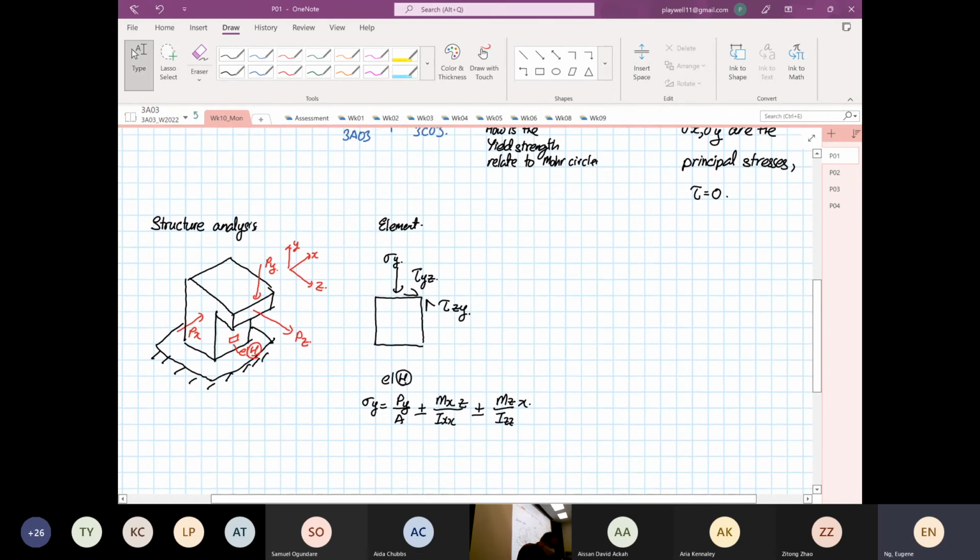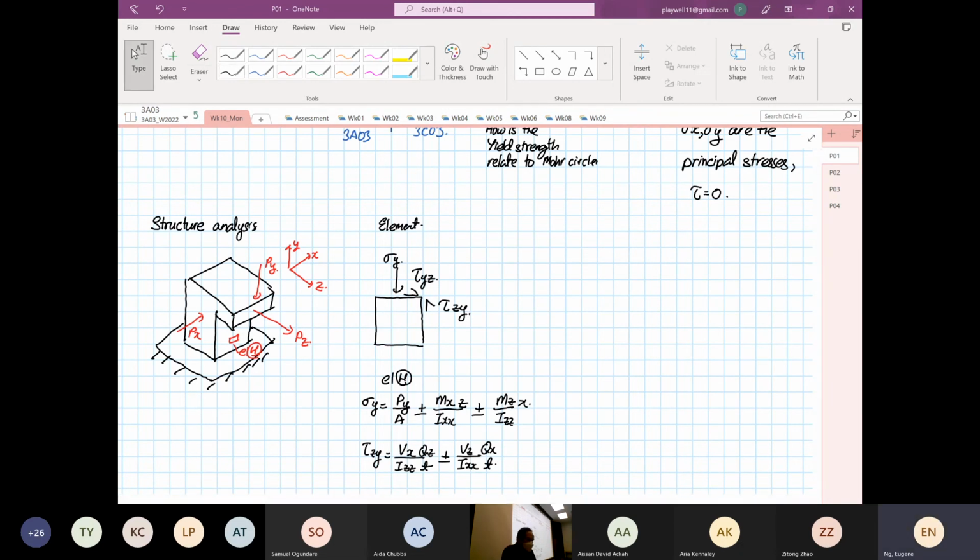And then we also know that the shear zy is equal to Vx over Iyy Qy divided by t plus or minus Vz over Izz, I do apologize, Izz Qz, Vx plus or minus Vz over Izz Ixx Qx divided by t. Well, you know the formula is different already.